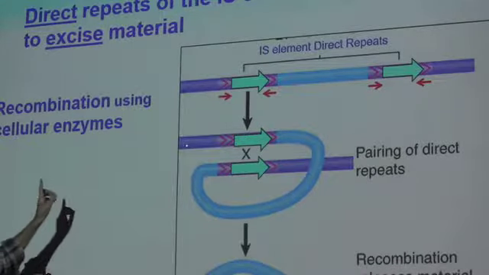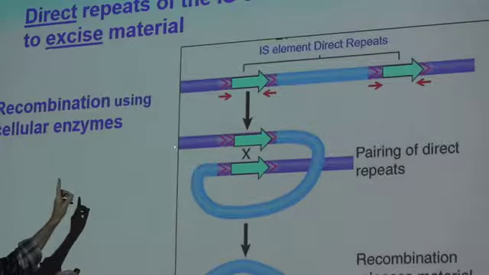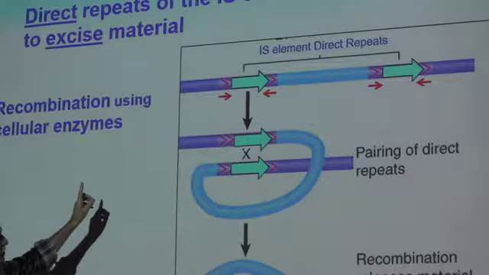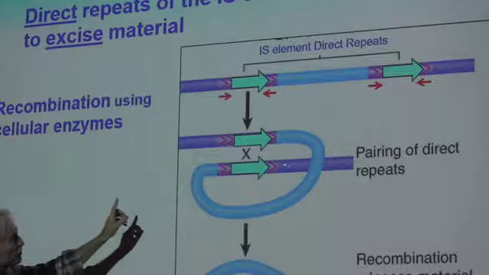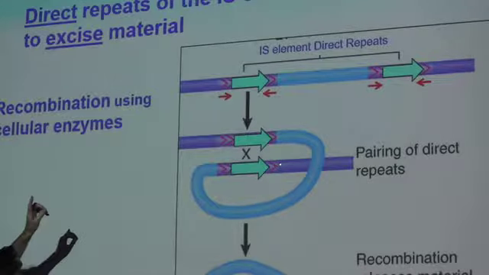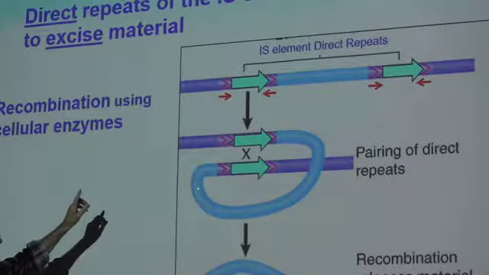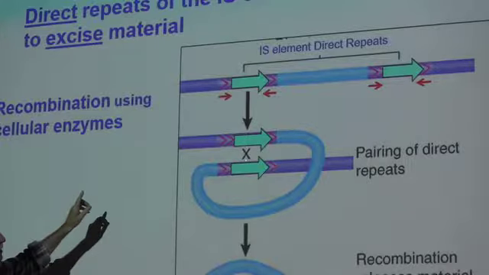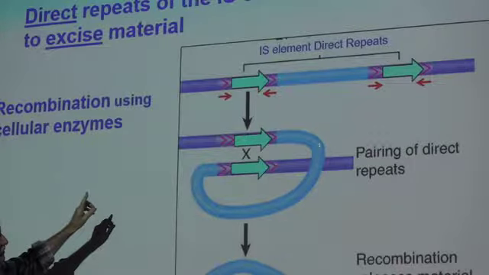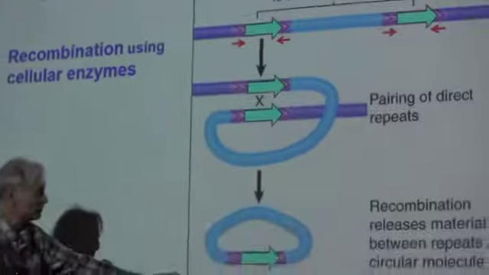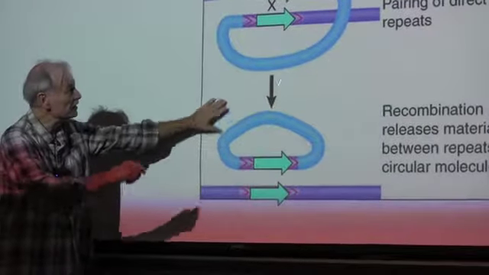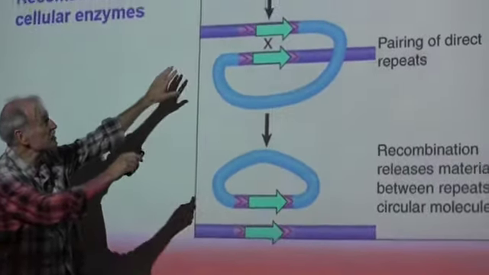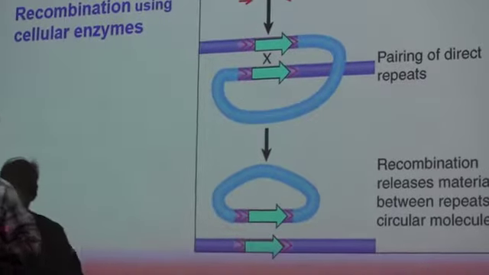And you can connect this in your mind with homologous recombination. It would go purple, crossing over back into purple. And the other way to look at it is light blue crossing over into light blue. So you'd get this happen. You would get the intervening sequences cut out.